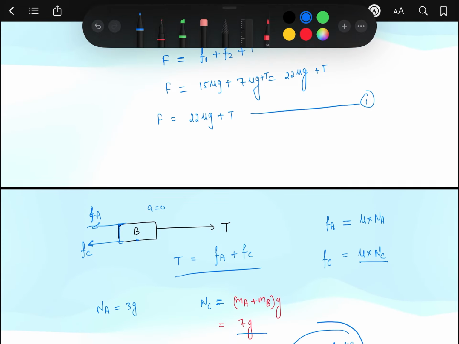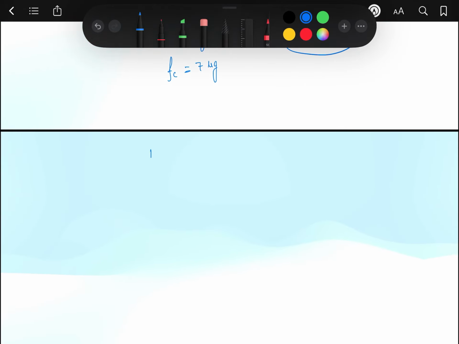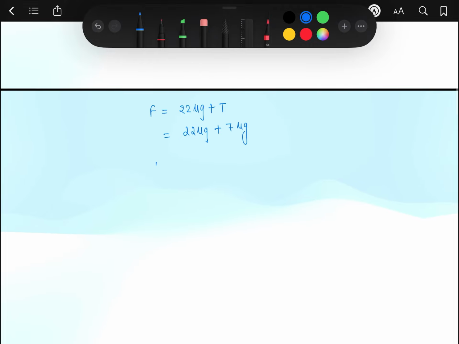That equation number 1 is F is equal to 22 mu G plus T. So F is equal to 22 mu G plus the tension force, which is 7 mu G, right? So here our force will be equal to 22 plus 7, that is 29, so it is equal to 29 mu G.